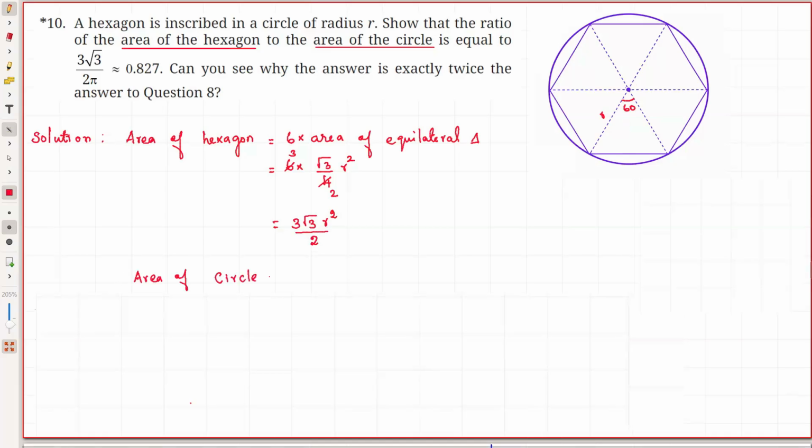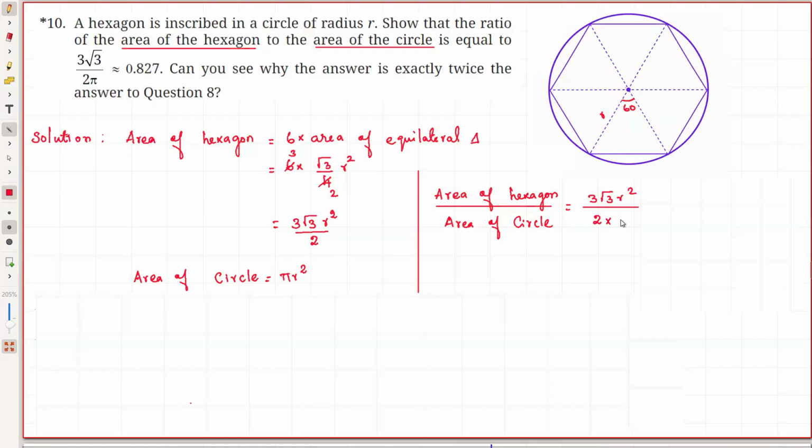Next, area of circle. The formula is pi r square. Next I have to find out the ratio. The ratio means area of the hexagon divided by area of the circle. Area of hexagon is 3 root 3 r square by 2, so the 2 goes to the denominator.